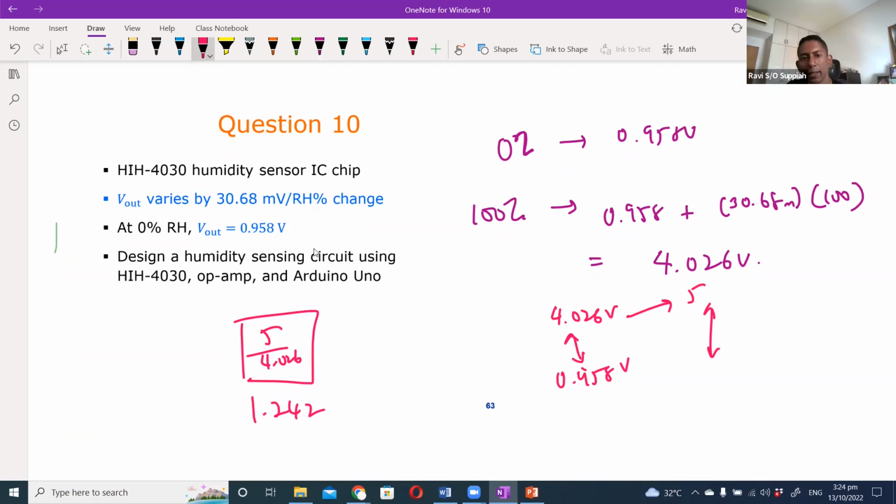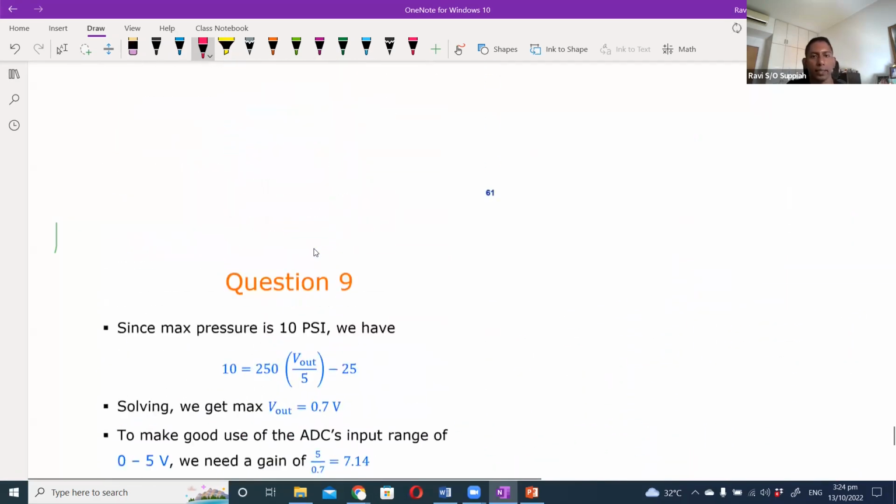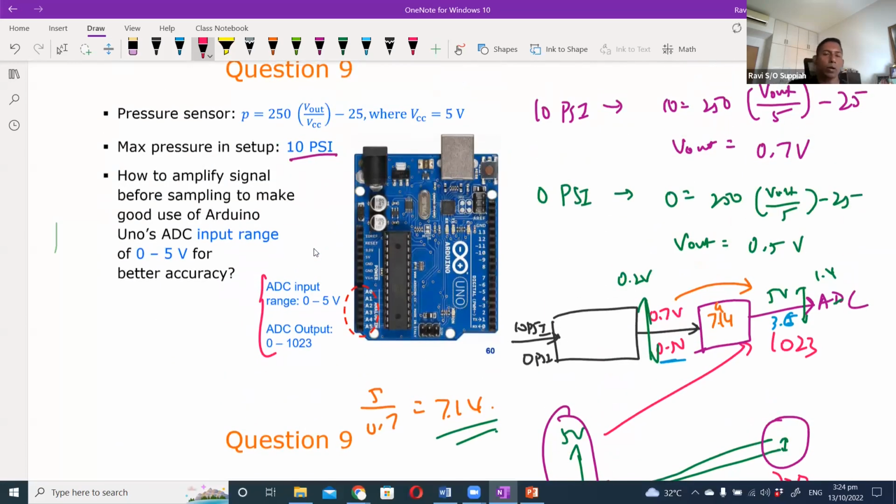The key thing from these last two questions is very simple. Whenever I want to use the ADC, we want to maximize the input to make full use of the range that we can support. So if I can support 0 to 5 volt, I want to make full use of this so that the values that I get are spread out across the full output range.